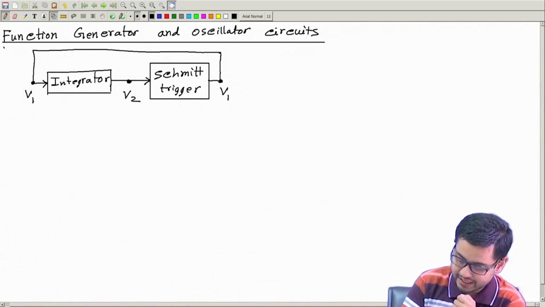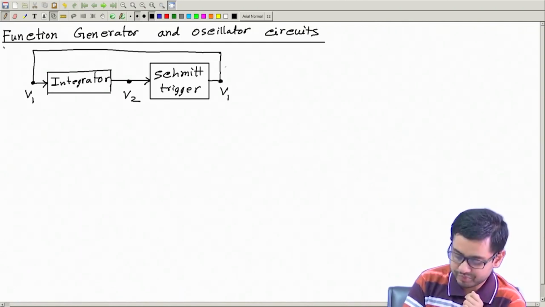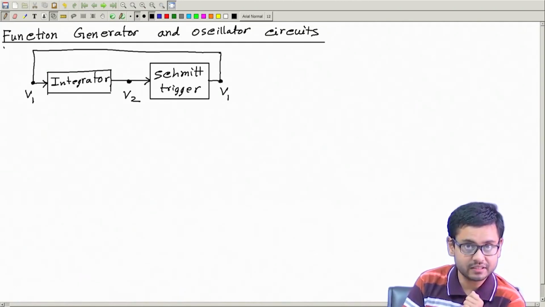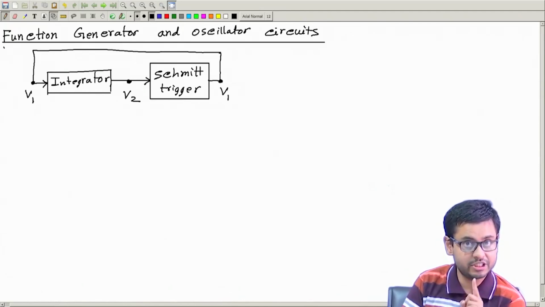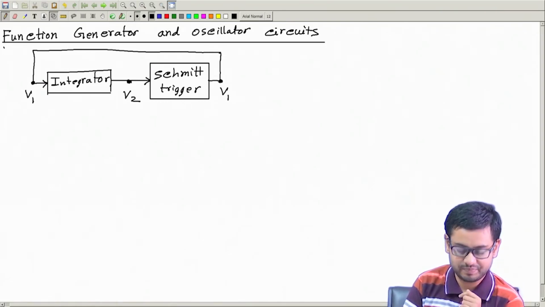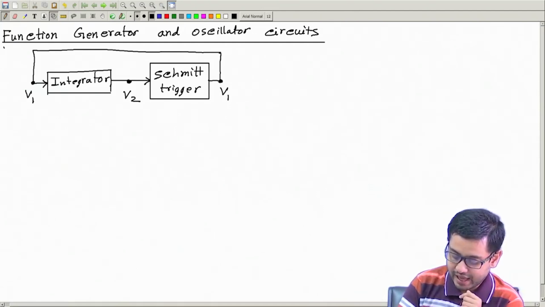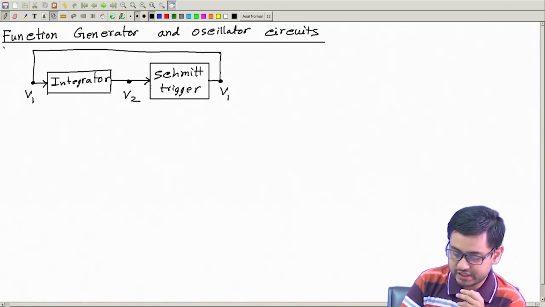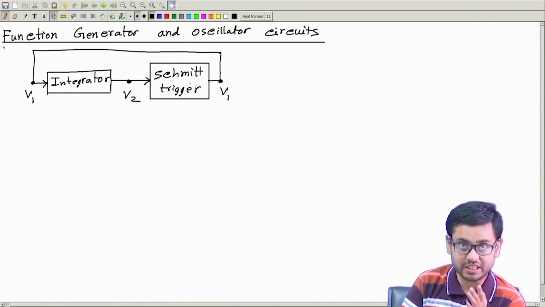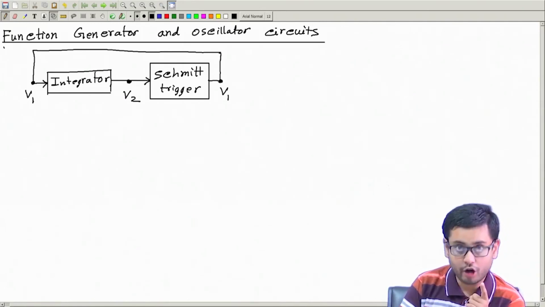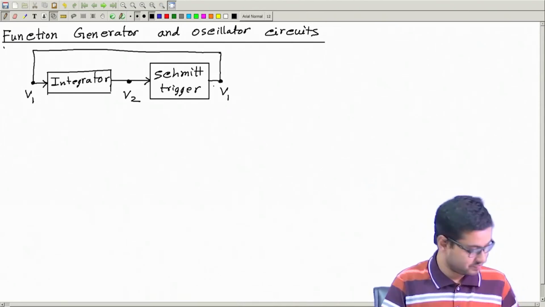If V1 has a definite value at the input of the integrator, say V1 is constant and positive, then the output of the integrator will change continuously, either increasing or decreasing. At one point it will cross the upper or lower trigger point of the Schmitt trigger, and at that point the output of the Schmitt trigger will change again.